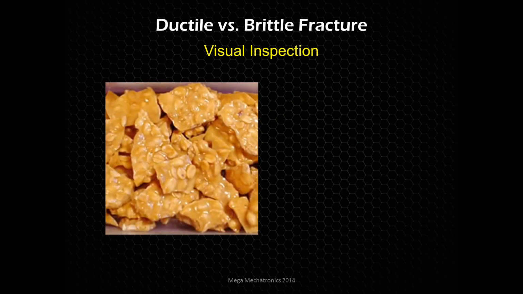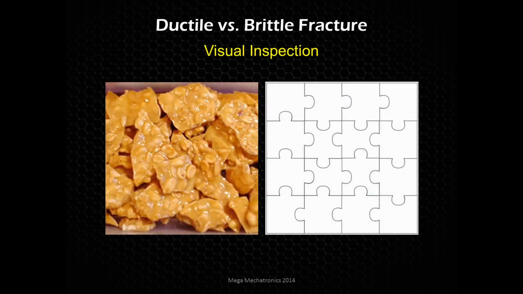So, touching on the brittle fractures a little deeper, let's say you had a bunch of time on your hands, and someone said, hey, can you put this pan of peanut brittle back together? You can do it, because this peanut brittle is extremely hard and very brittle, and you can actually put the peanut brittle back together like a puzzle, because those little nodules on these puzzle pieces are intact and will fit back together.